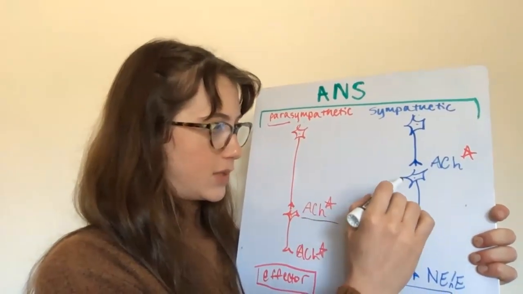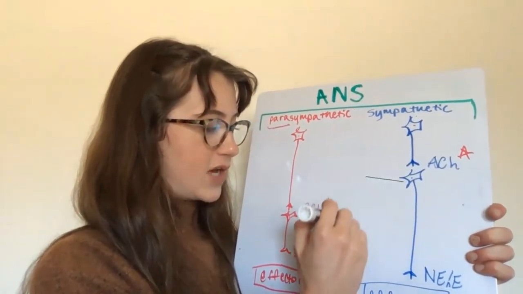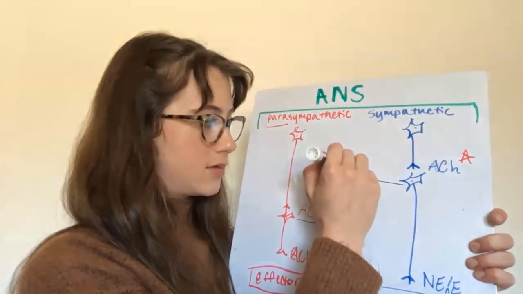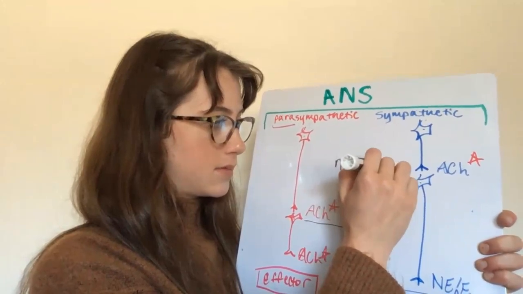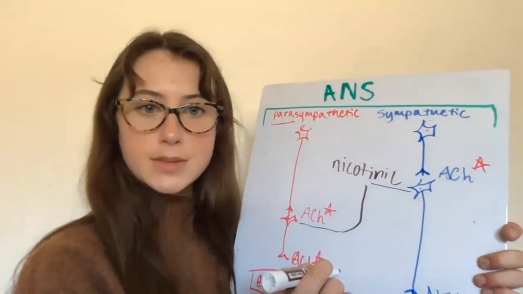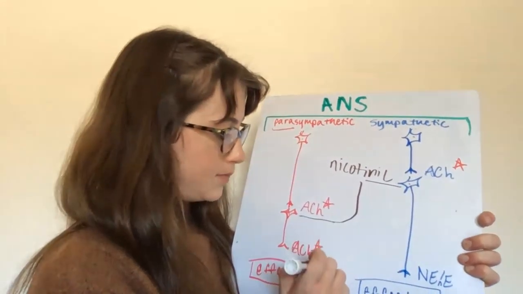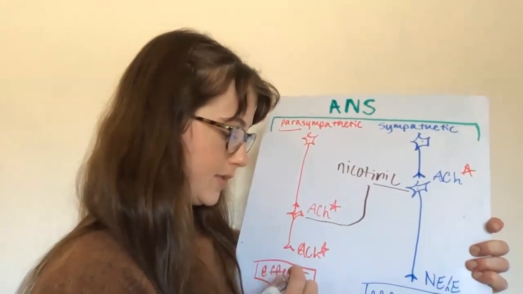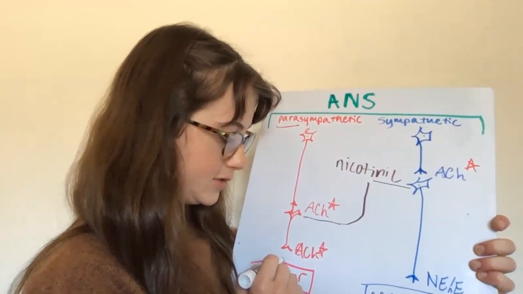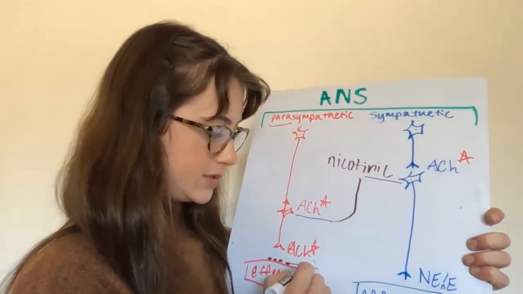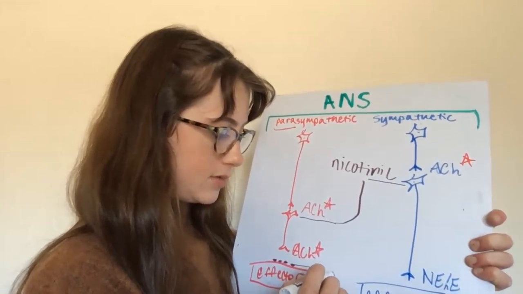What are these receptors going to be on the postganglionic fiber? What have you learned? These are nicotinic. So not going to work there, but it will work here because on this effector organ, these receptors are muscarinic.